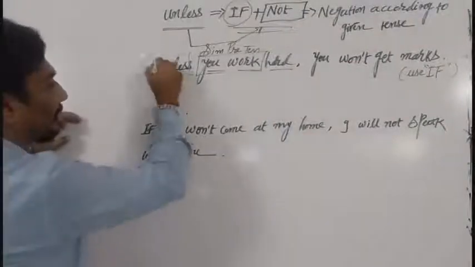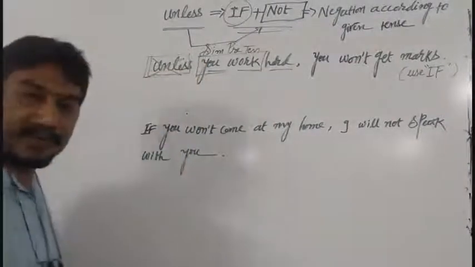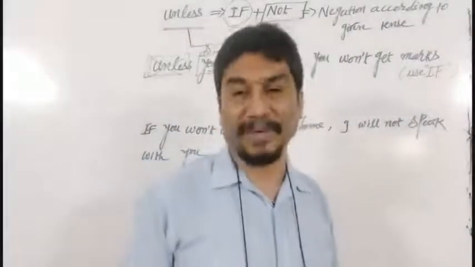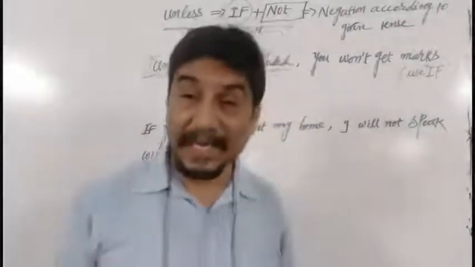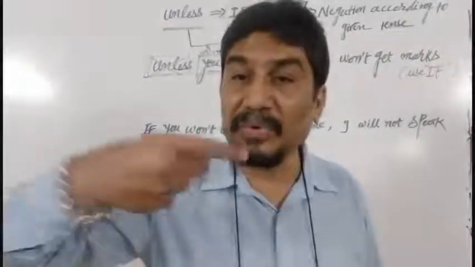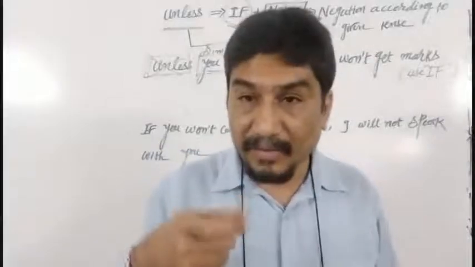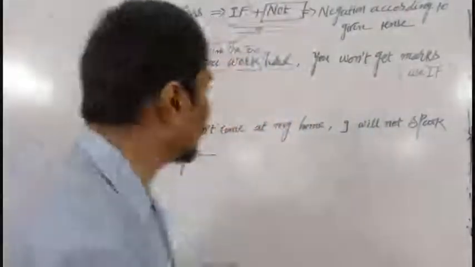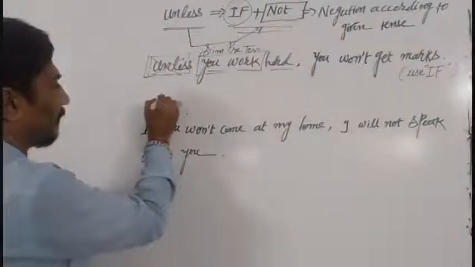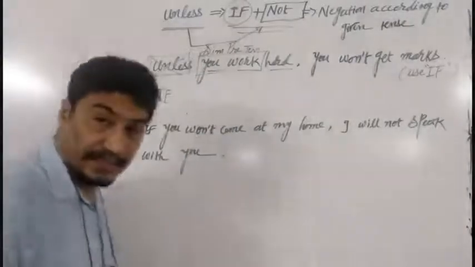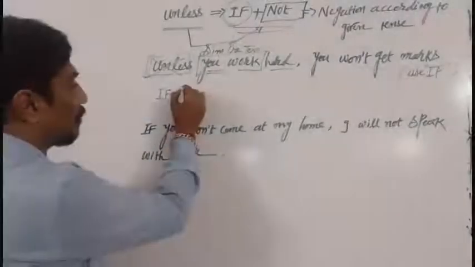Here unless is used, we will remove it first. But this removal is not simple, because unless has a negative sense, and that negative sense you have to add with negation according to the given tense. So if you work, the simple present tense negation you will write.